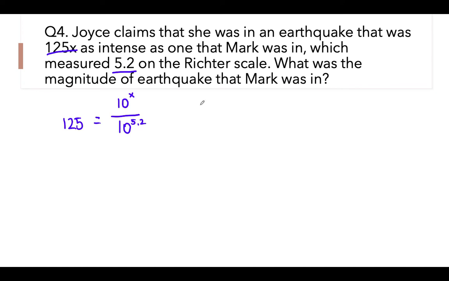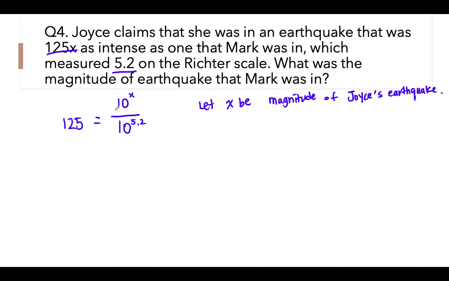So we should say, let x be the magnitude of Joyce's earthquake. Right now, rather than using a decibel scale, like I said, we're given how much more intense the sound was, so we can use a proportionality.